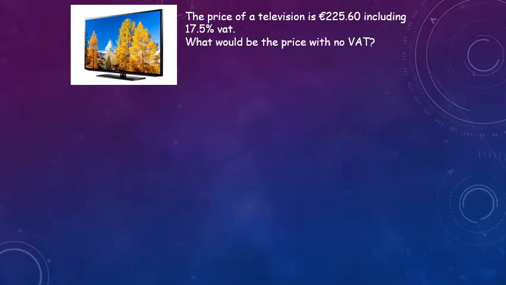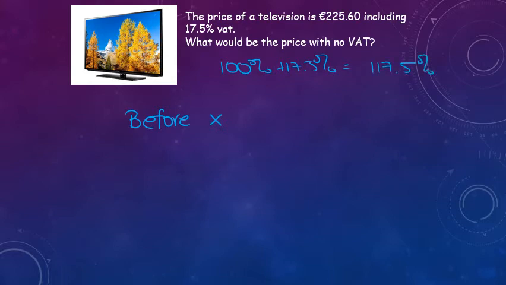So how do we go about doing this a little bit easier? What we would have had is the price before VAT. We would have multiplied that by 100% plus 17.5%, and that gives 117.5%, which is 1.175. So before I would have multiplied by 1.175 to give me 225.60.